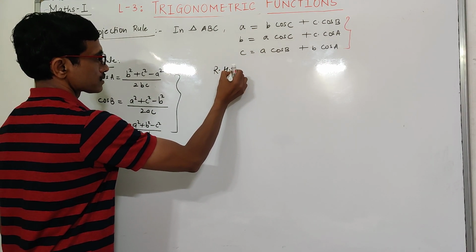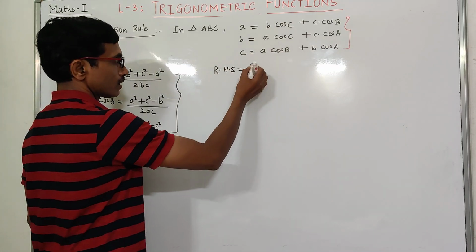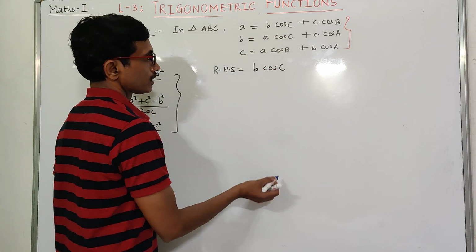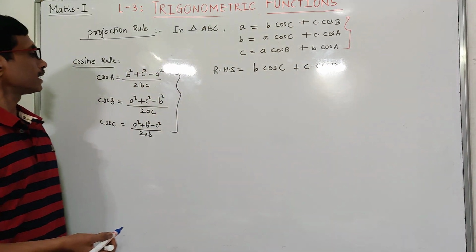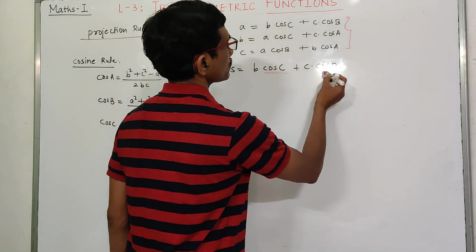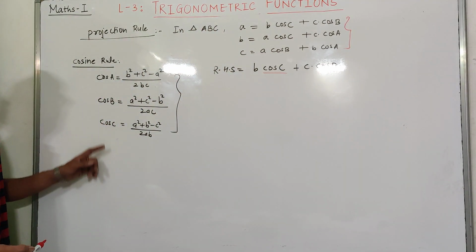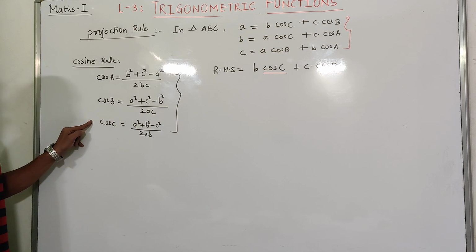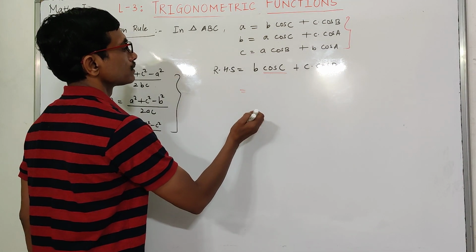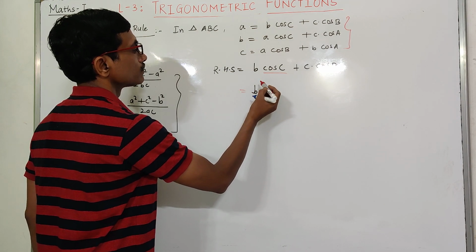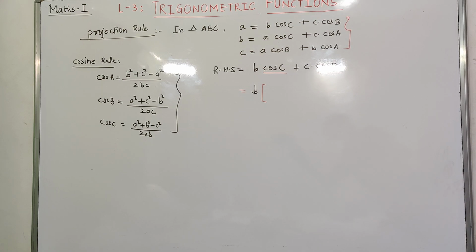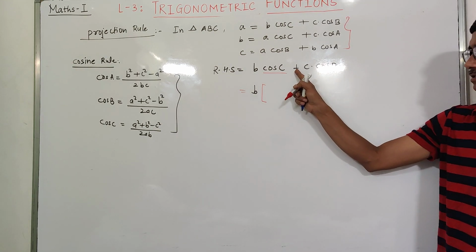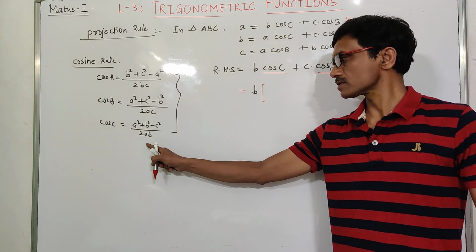RHS is equal to b cos C plus c cos B, and by using the cosine rule, cos B and cos C, so that is b into cos C is equal to a square plus b square minus c square upon 2ab.